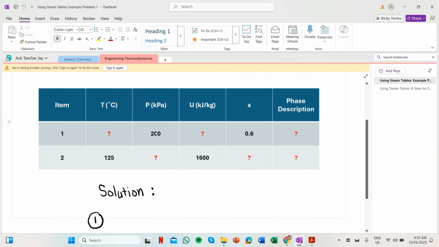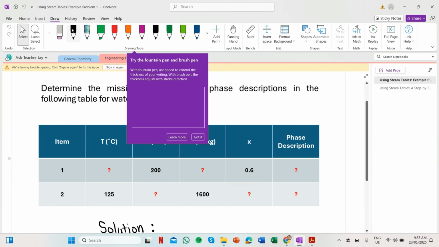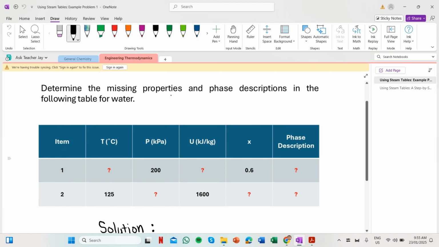You can see here that we have the known pressure and we have the known value of the X. So X here represents the quality, or this determines the mass fraction or the amount of steam that is present, or the percentage of steam present in the mixture or in the substance.